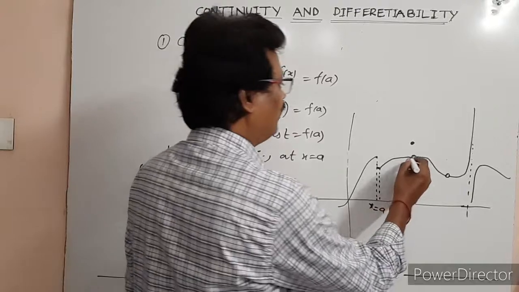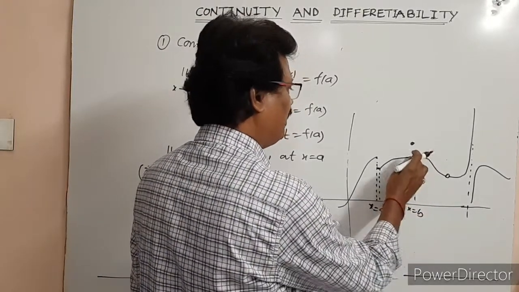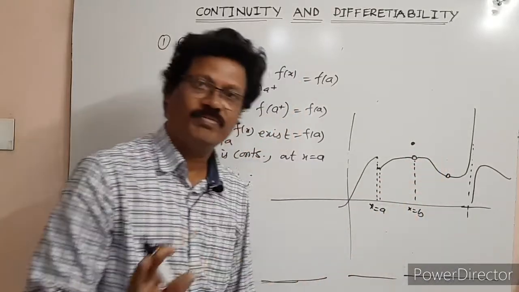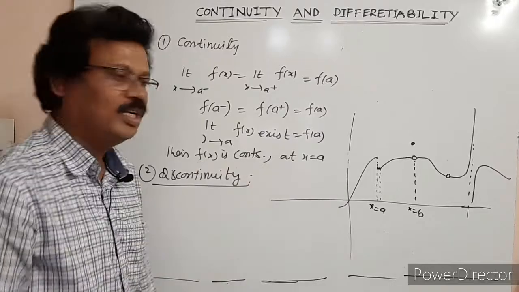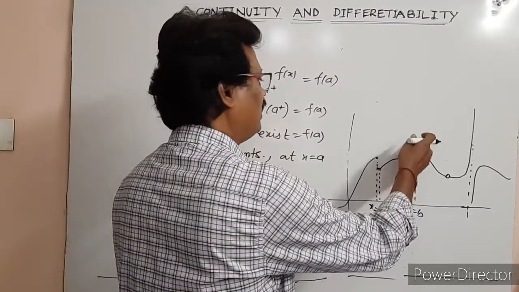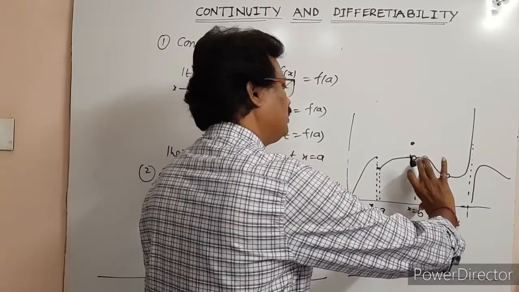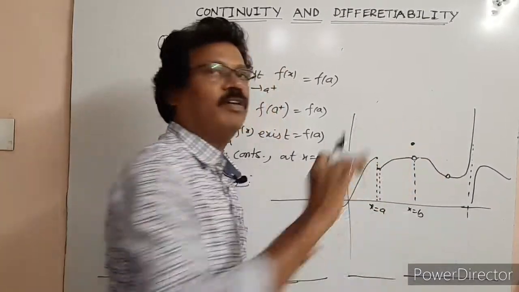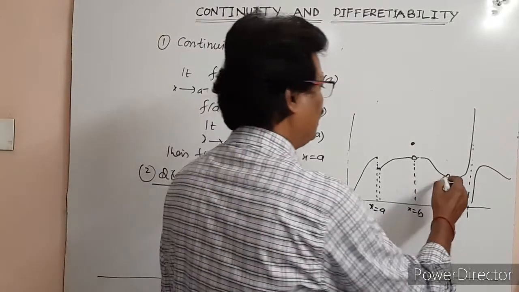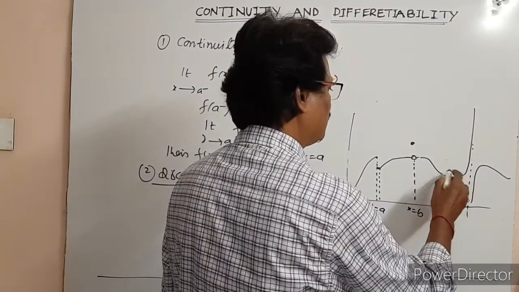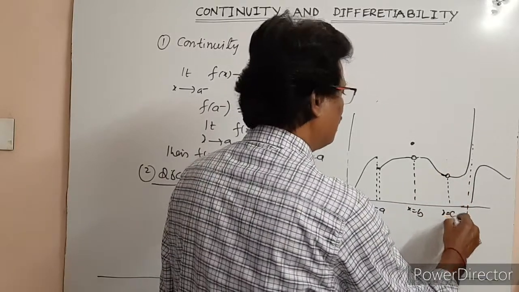And here the left limit is equal to the right limit. Here the left limit and right limit are both the same, that means the limit exists, but f(b) is here. Therefore f(b) is this one. This left limit is equal to the right limit but not equal to f(b). Then that is discontinuous. Now if you see here, the left limit and right limit are both the same, but here f(x) is not defined.